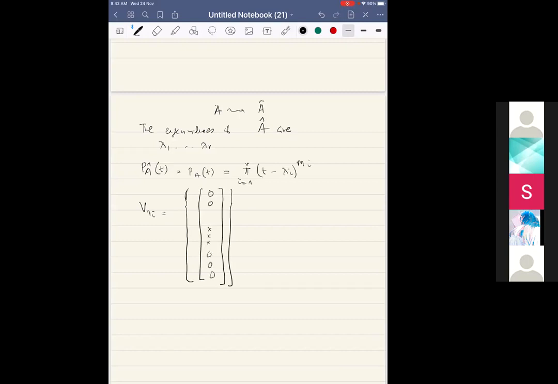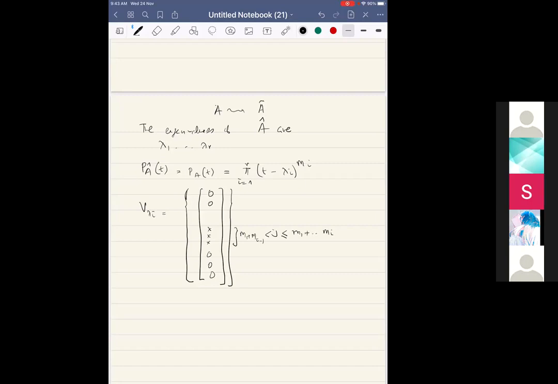This is the stretch consisting of rows j which are greater than m_1 plus ... plus m_{i-1} and less than or equal to m_1 plus ... plus m_i.